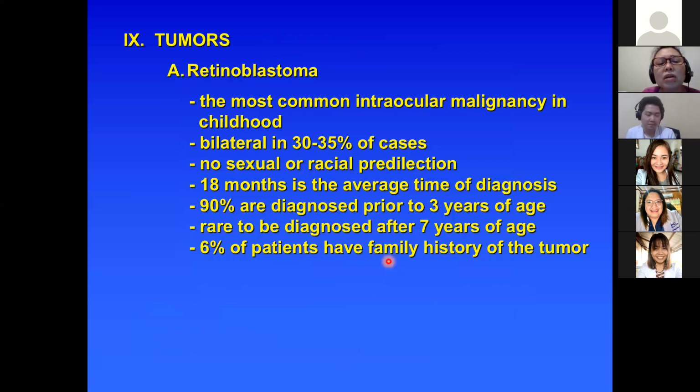Now, if retinoblastoma is the most common intraocular malignancy in children, what is the most common orbital malignancy in children? No idea? Didn't you do orbit?